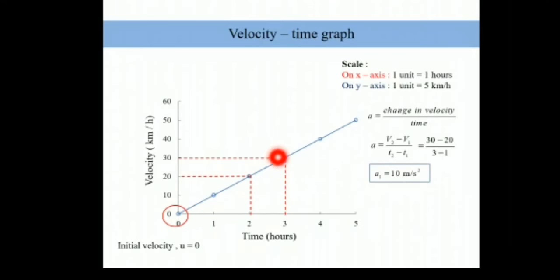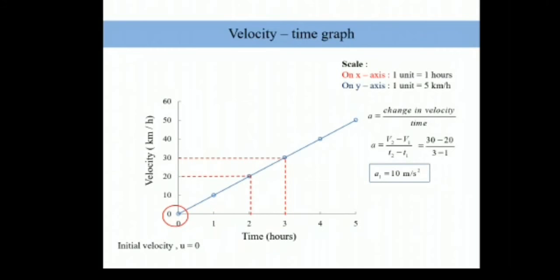If it were minus 10, the velocity would be decreasing. From the acceleration we can see the velocity is increasing: initially it was 20, now it is 30. Because velocity is increasing, the acceleration should be plus 10 meter per second square. So that is for the first pair of points.